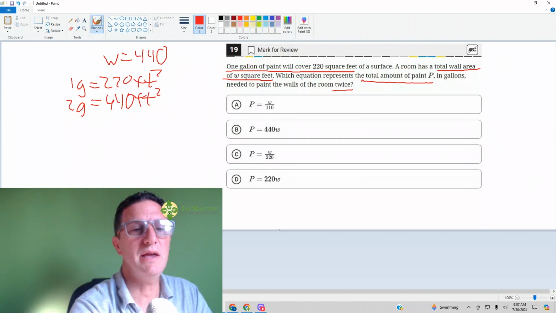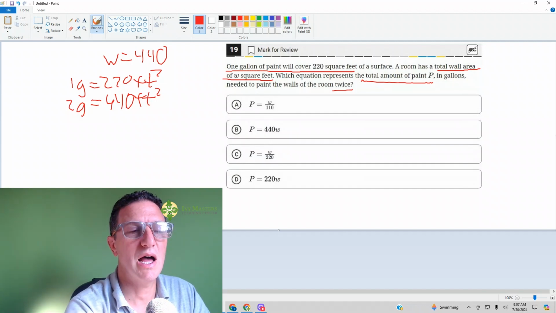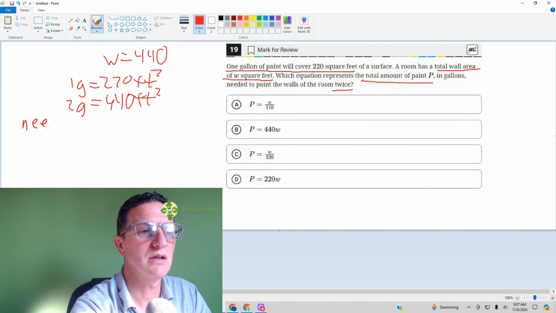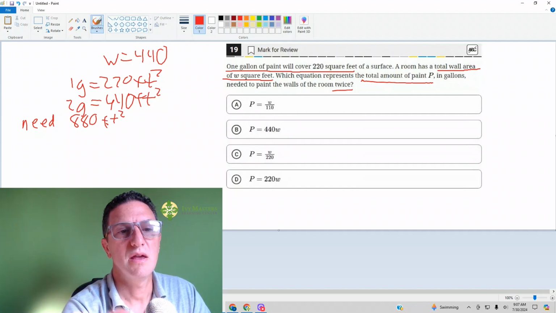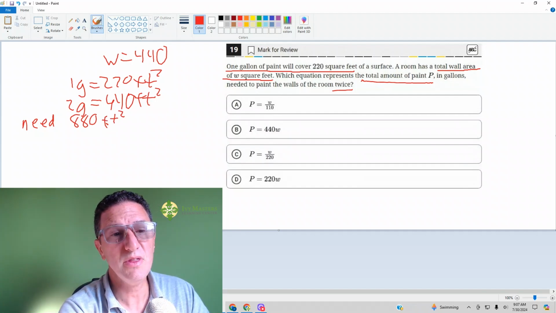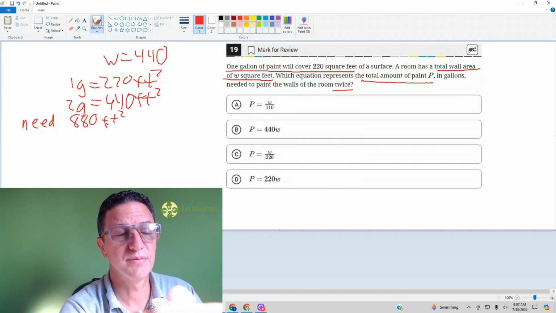So to paint it twice, I'm going to need 880 feet squared worth of paint. Now, our W is 440. We need 880.